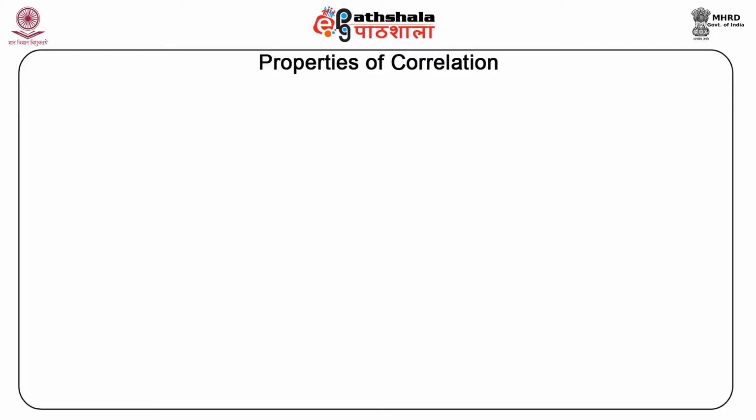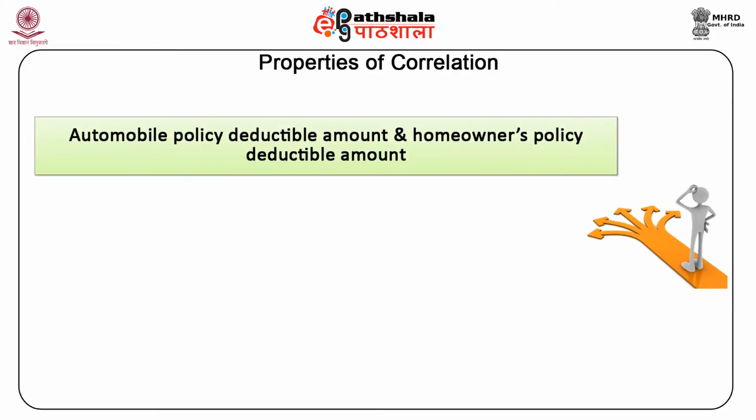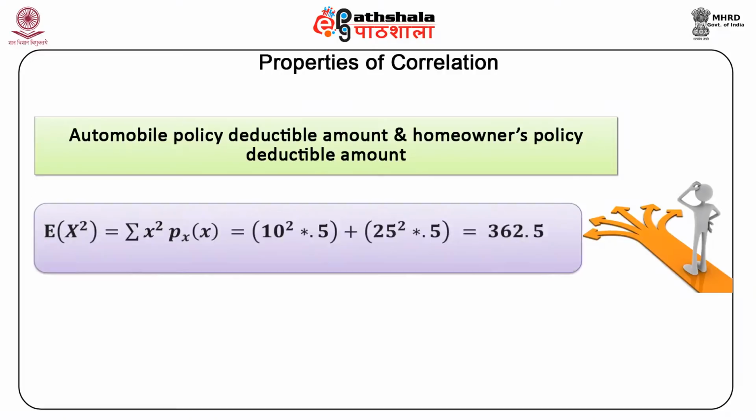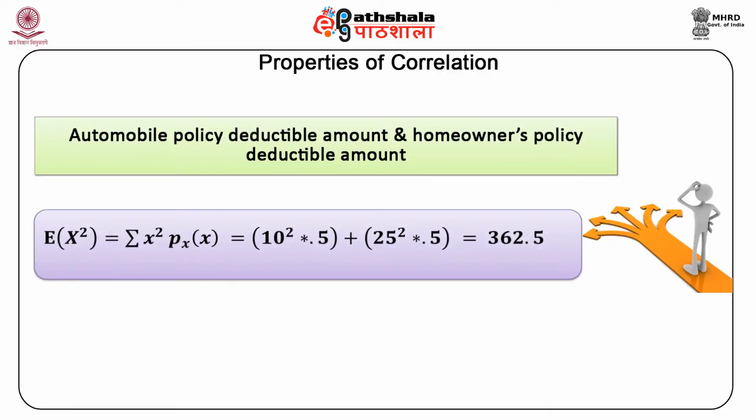From the example of automobile policy deductible amount and homeowners policy deductible amount, it is easily verified that E of x squared is equal to the sum of x squared p(x), which is equal to 10 squared multiplied by 0.5 plus 25 squared multiplied by 0.5, which is equal to 362.5.